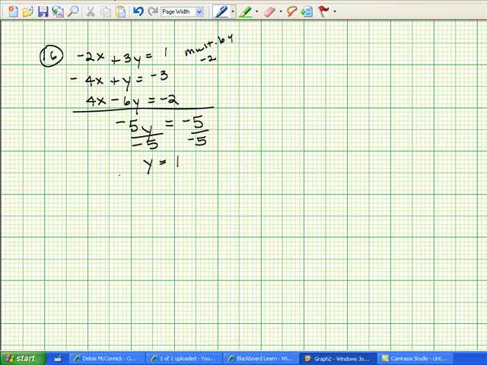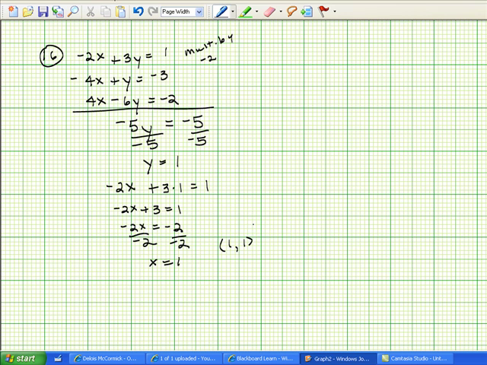Negative 2x plus 3 equals 1. Subtract the 3, get a negative 2, and divide by negative 2, we get a positive 1. So I'm getting 1, negative 1.